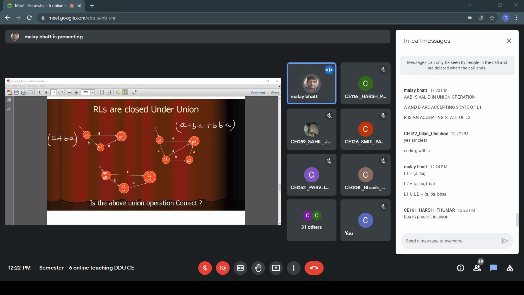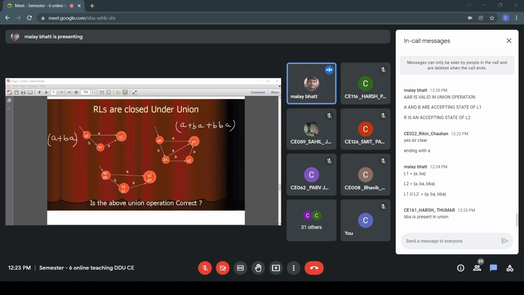We have to add the dead state. I added the dead state as QD in the first automaton. I have added the dead state in the second automaton, that is PD. P0, P1, P2, P3, and PD. It is the dead state. Also, you can have a link from the accepting state, that is Q2, to PD on A and B. Similarly, we have a link from P3 to PD.